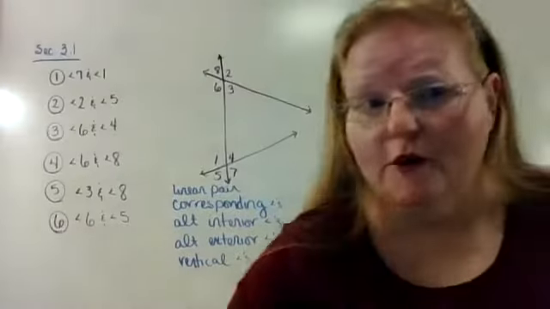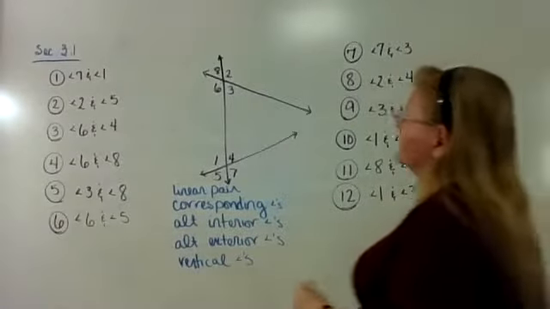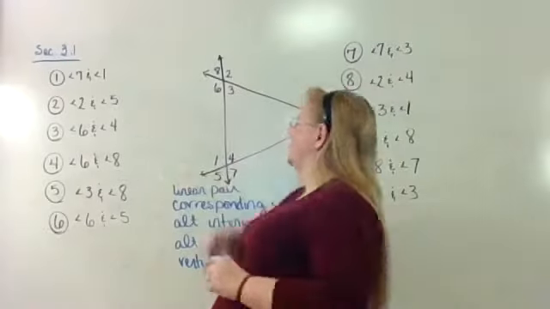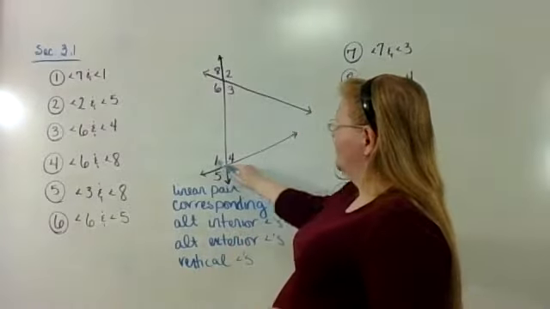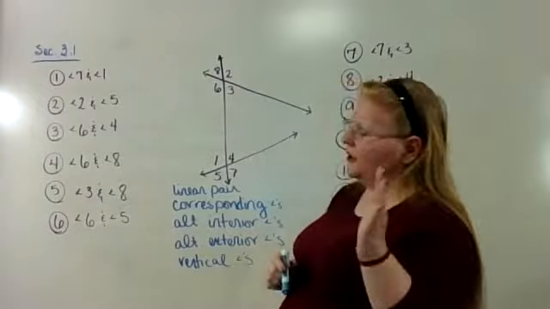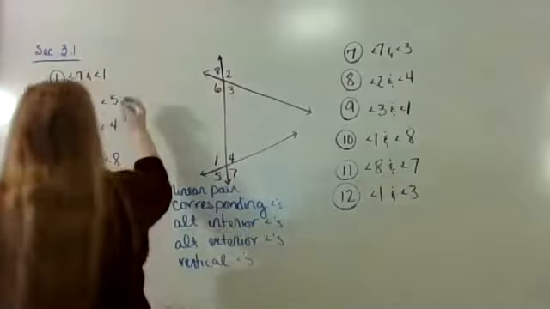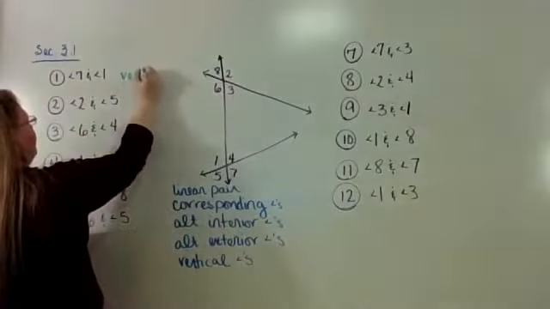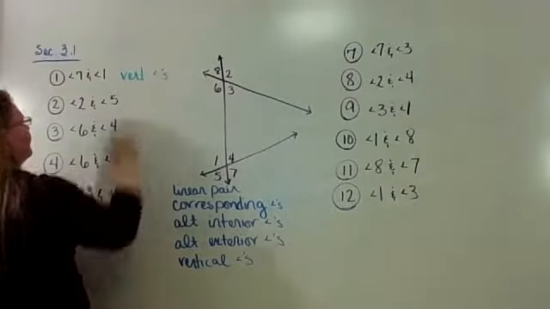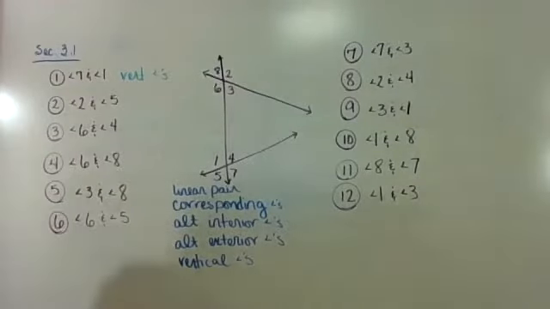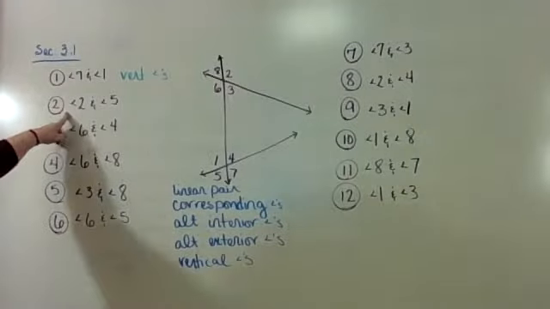Okay, so what was your second? Angle 7 and angle 1. Angle 7 is down here, angle 1 is there. They are clearly vertical angles. Notice I abbreviate anytime I get a chance. Angle 2 and angle 5.